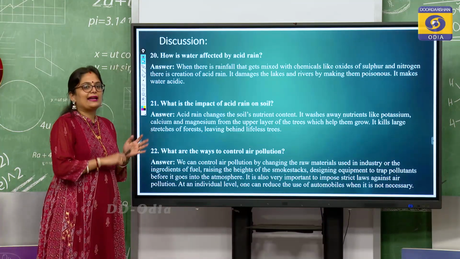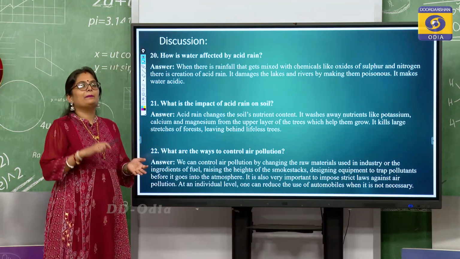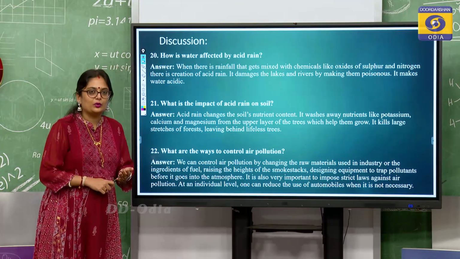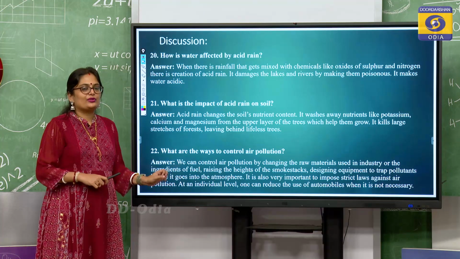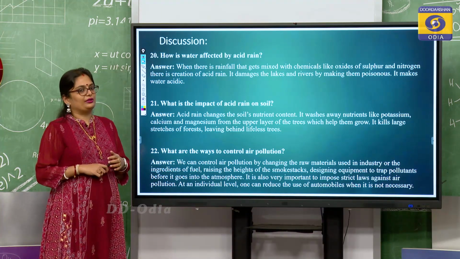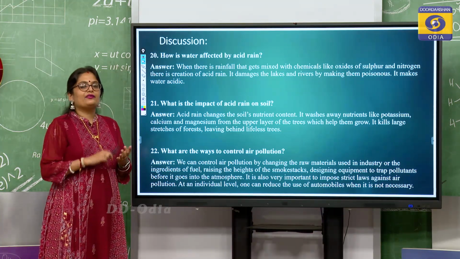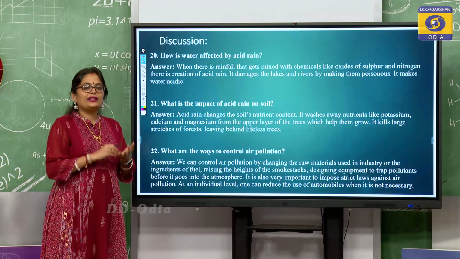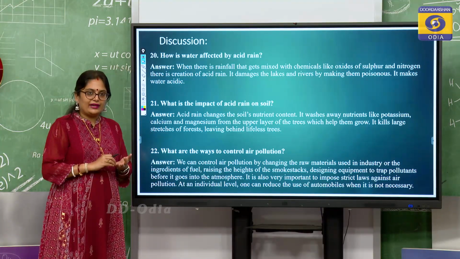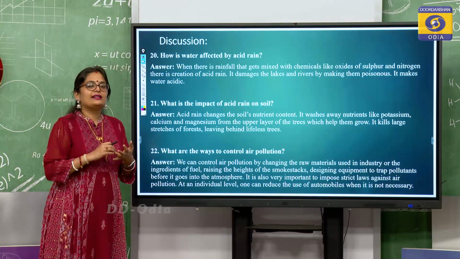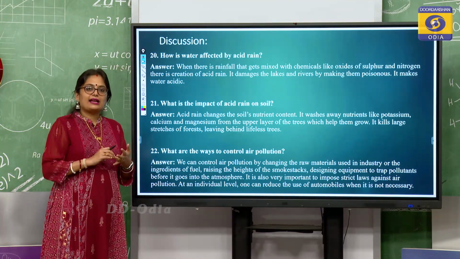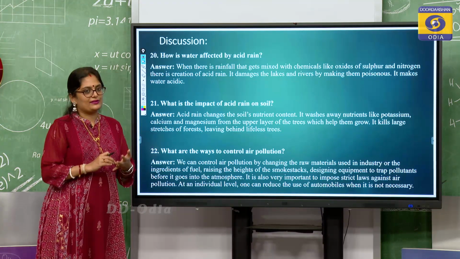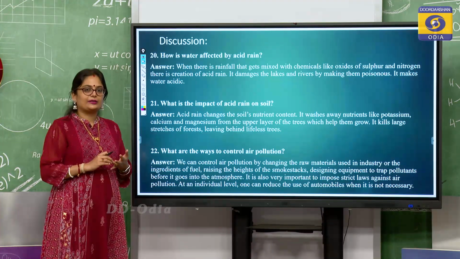We learnt about acid rain, we learnt about the impact of acid rain on soil and water, and the last question we learnt about is how air pollution can be significantly controlled. So, how can it be controlled? We can change the ingredients of the fuel that we use in factories. We can design modern equipment that would change toxic gases into harmless substances before they are released into the atmosphere.